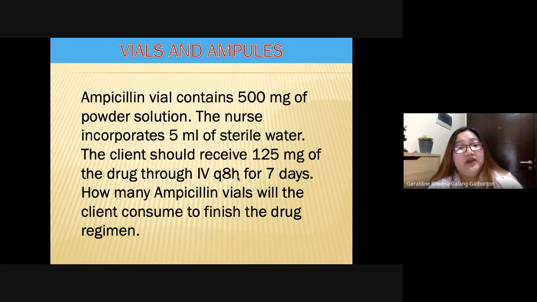So, simply divide the total number of doses kung ilang dose meron sa isang vial. And then, you always have to get, of course, the whole number. Okay? Walang point kasi there's no such thing as 5.25 vials or 5.25 ampules. Alright?